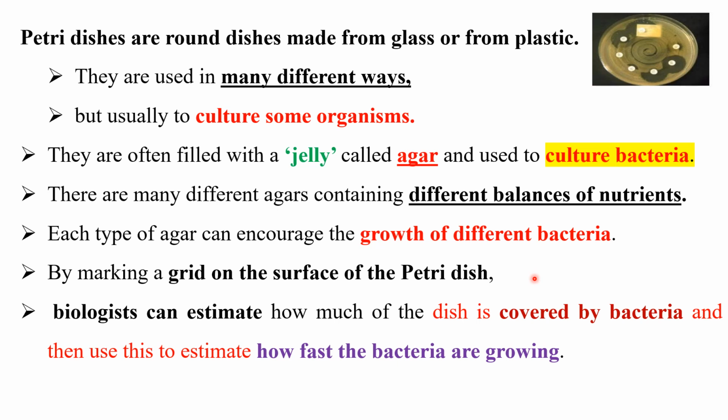So biologists can estimate how much of the petri dish is covered by bacteria, how fast the bacteria are growing, and how many times the bacteria multiply. They study these things.